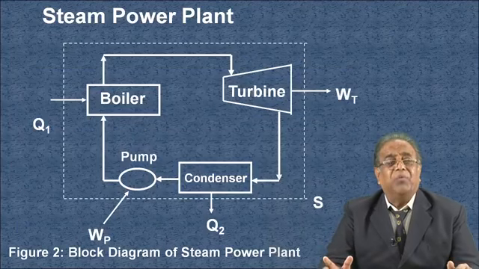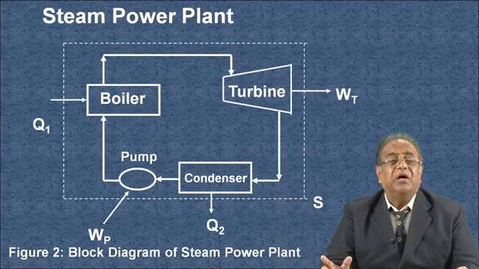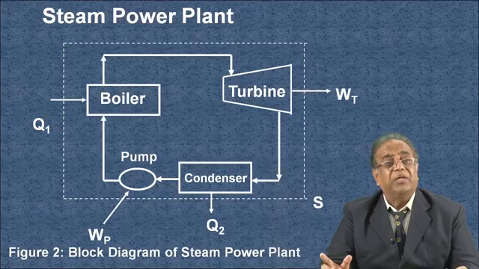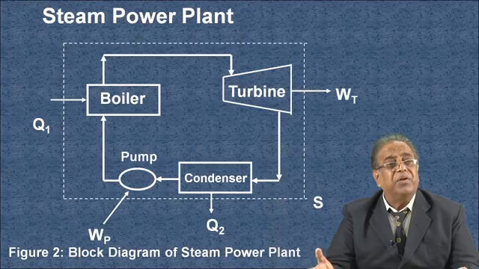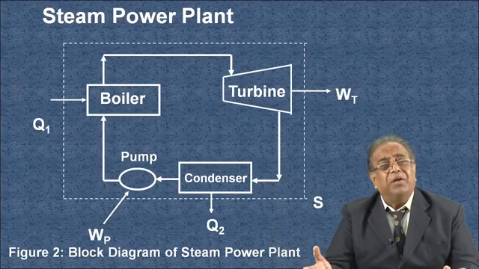This is the block diagram of the steam power plant. Here also you see the boiler which generates steam, the turbine where expansion of steam takes place, the condenser and the pump. Q1 is the heat input into the boiler which is required for converting water into steam. After that, the turbine does work.